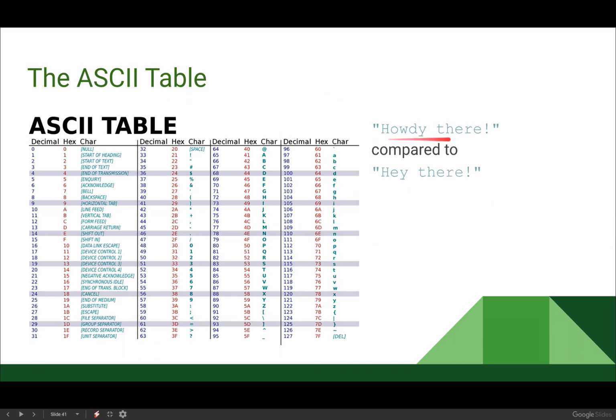So if we're comparing howdy there to hey there, remember O and E are our first two different values. So let's find O. O has the character value 111. E's ASCII value is 101. So we're going to subtract from 111, we're going to subtract 101, which is going to give us 10.